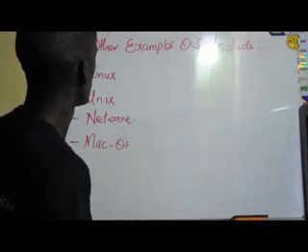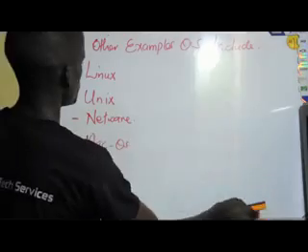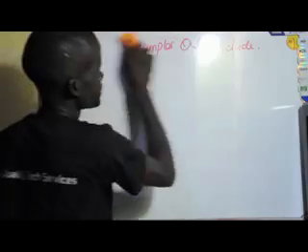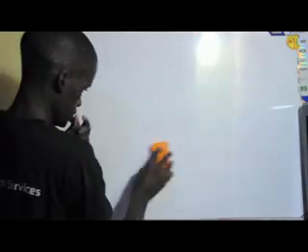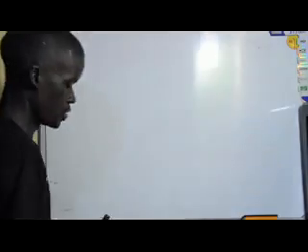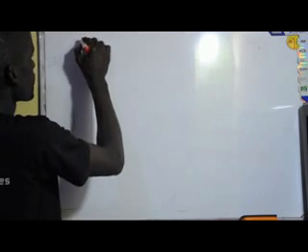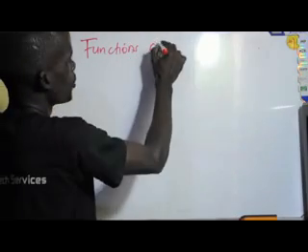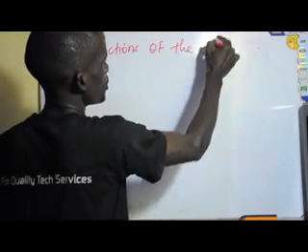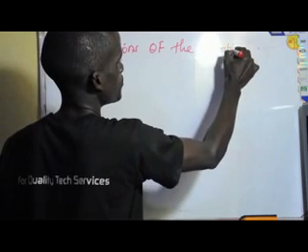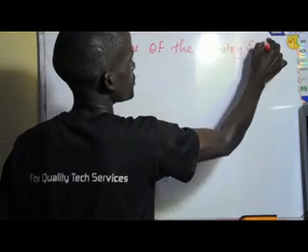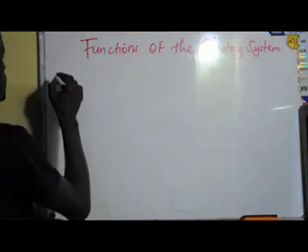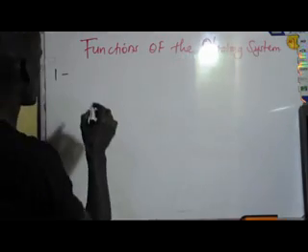From the examples of the operating system, we now go to the functions. We now look at the functions of the operating system. One, we have resource management.